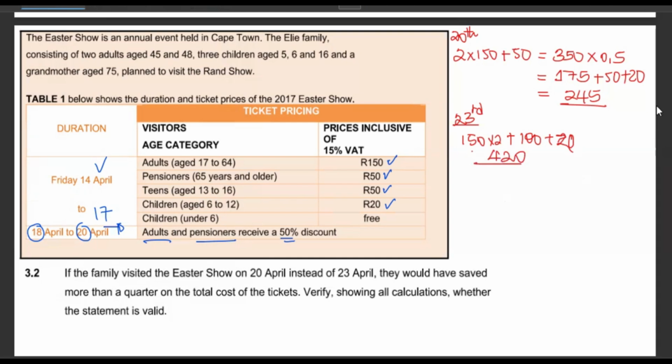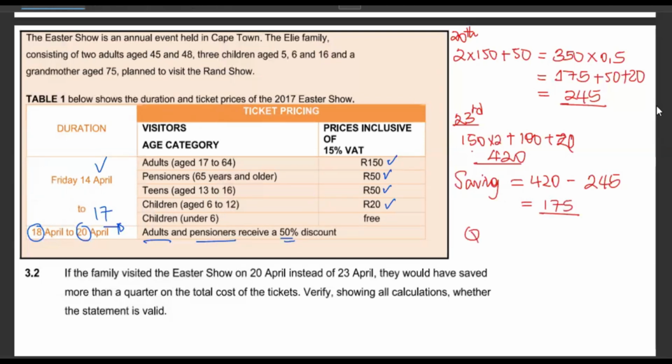So we get the difference because now we are looking for the savings. We shall say 420 minus 245, the savings are 175.